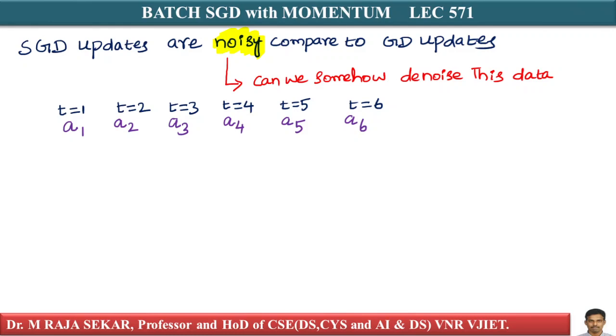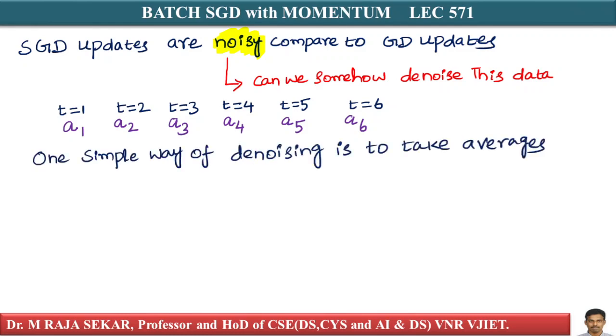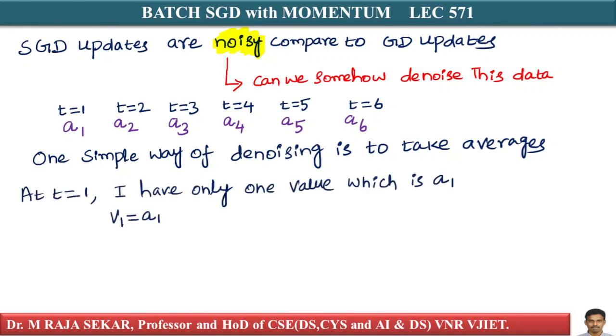One simple way of denoising is to take averages. At time t equal to 1, I have only one value which is A1. Therefore, let me write V1 equal to A1.